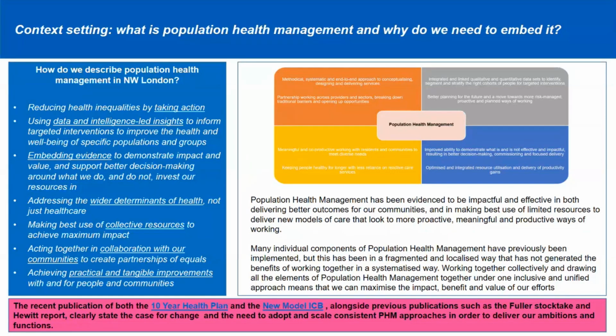This is really very much around understanding that a person is a holistic entity, that often their health needs are only about 20% of actually their presenting needs when they're accessing services. So this is really around understanding those wider determinants. It's really around us coming together to use our collective resources to deliver change in an impactful way, and making sure that we collaborate with our communities in order to do that.